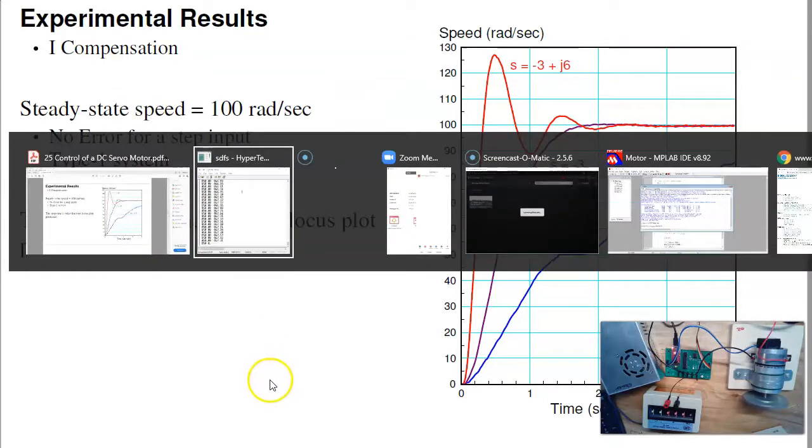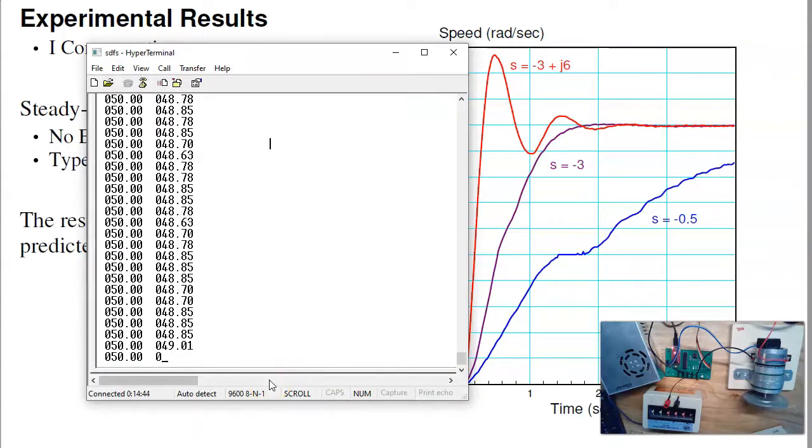If I repeat for different gains, again, this is C is 14 microfarads, puts the pole at minus 0.5, very slow system. If I decrease C, make it 4.34 microfarads, that should put the pole at minus 3.